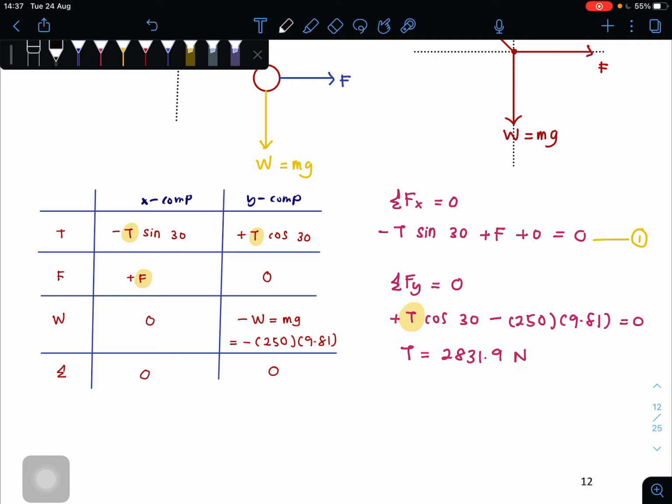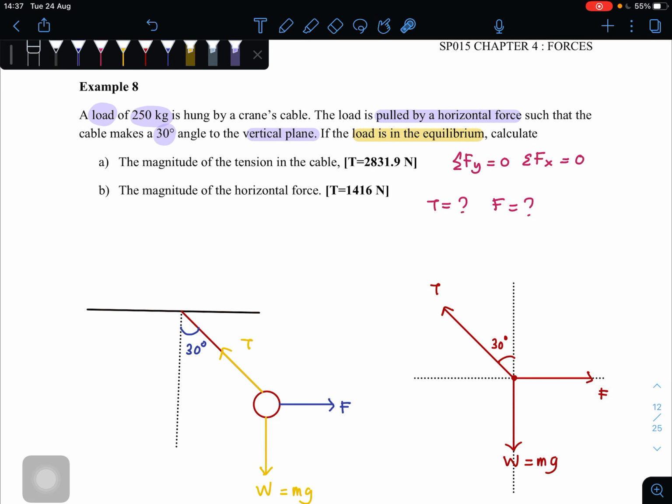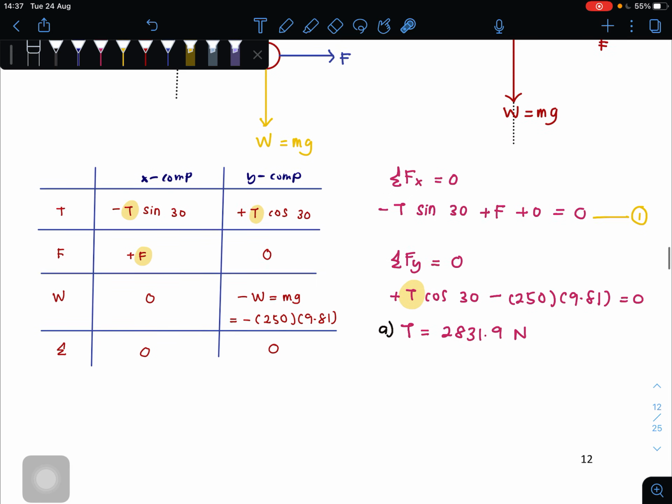So this already answers question A, where question A asks for the magnitude. Okay, only magnitude, so you don't need to find the angle, because basically we already have the angle here, direction. So magnitude of tension, and then question B, magnitude of force.